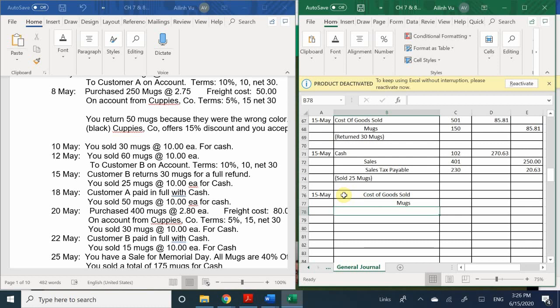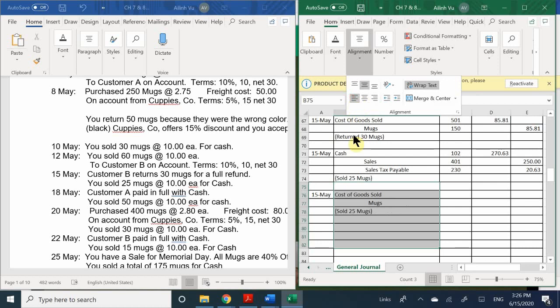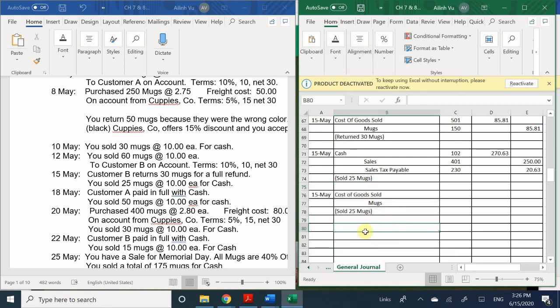And I'm going to indicate this, that I sold 25 mugs. Okay. Oh, and I noticed that all of these are centering when I need it left aligned. Okay. Perfect. Cost of goods sold is 501. And my inventory item is 150.